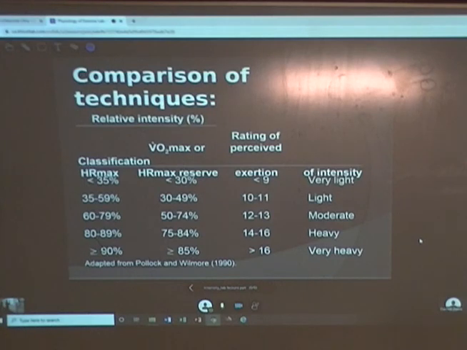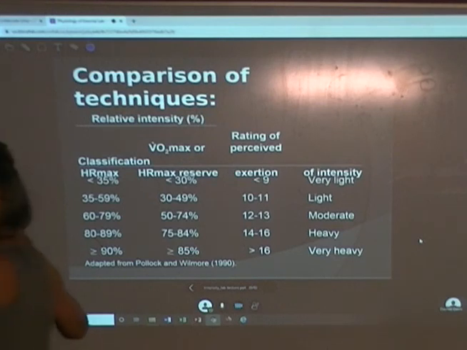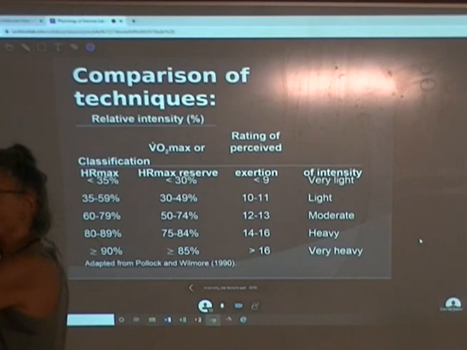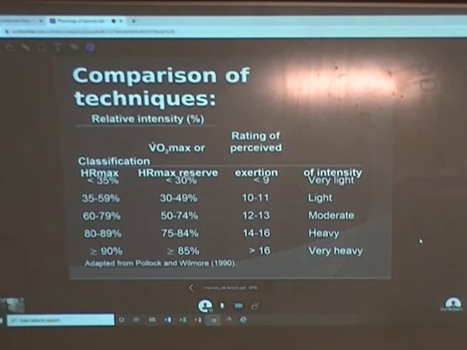So how do I define this piece of work as moderate? Okay? Because I can measure my heart rate, or I can use the Karvonen method, or I can try to use the MET. The problem is, unless you've been to the lab and you know what your resting oxygen consumption is, that MET isn't honest. Okay?